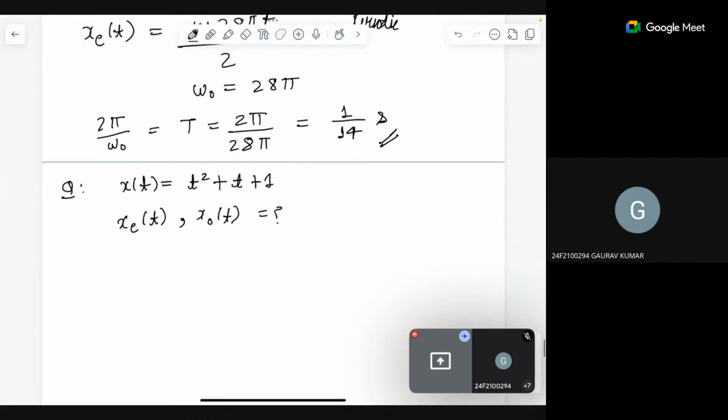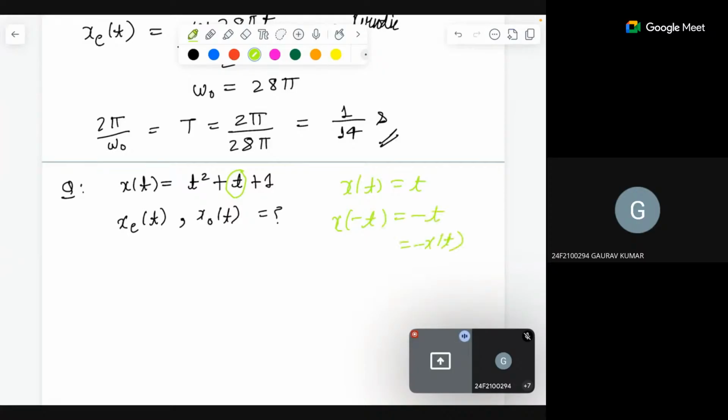Okay, so for this signal, Jay's answer was right. Instead of doing this, that x even of t is x of t plus x of minus t divided by 2, since it is a simple signal, you can simply check. If I take this t, x of t is equal to t, then x of minus t is minus t, minus x of t.